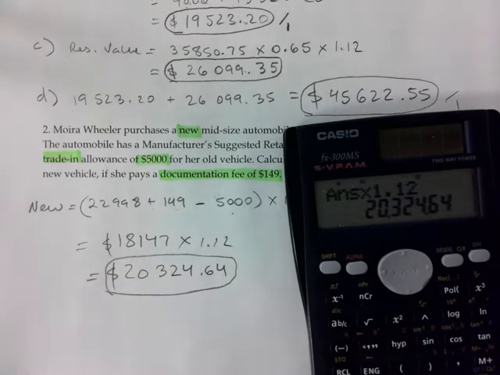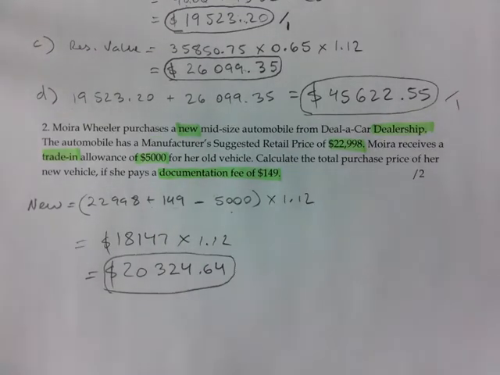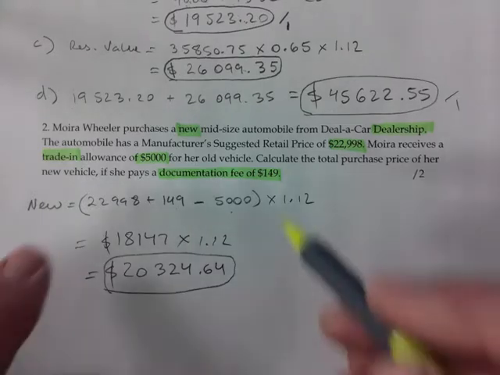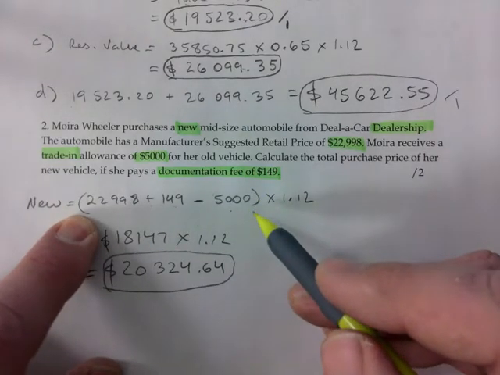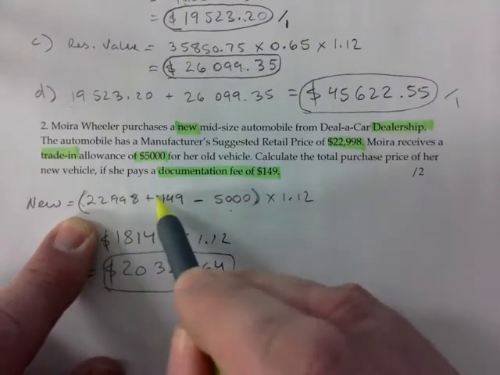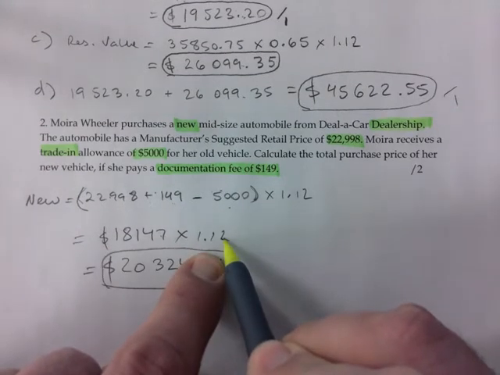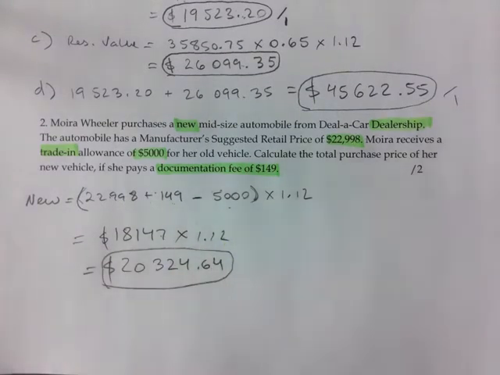Having a good calculator makes a big difference, if you can have brackets, right? Some of you like the brackets. I just like to show the brackets, but I don't really use them on my calculator. This just tells me, do all of this first, and then multiply it by your taxes. That's just telling me the order of operations, basically.